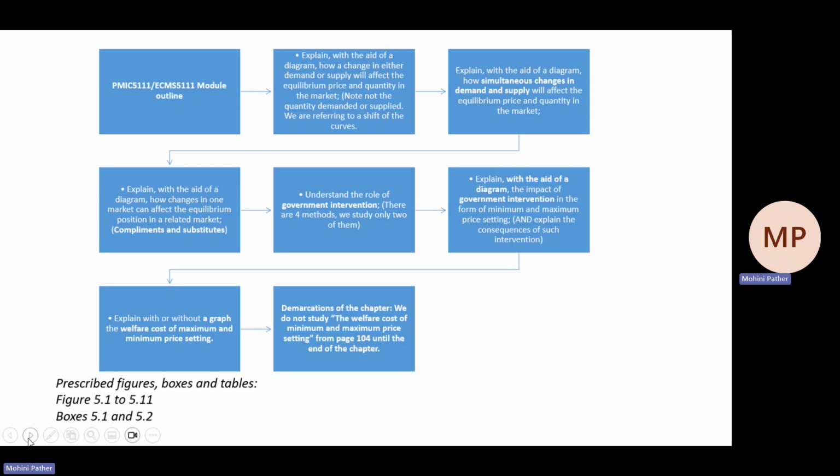We're going to explain, with or without a graph, the welfare costs that are a result of government intervention. We will also see that we have a welfare dispersion between both consumers and suppliers. Remember that whenever we're talking about demand, we're considering the consumer side of things, and whenever we're talking about supply, we're concerned with the producer side.